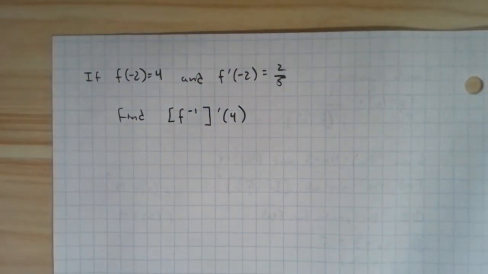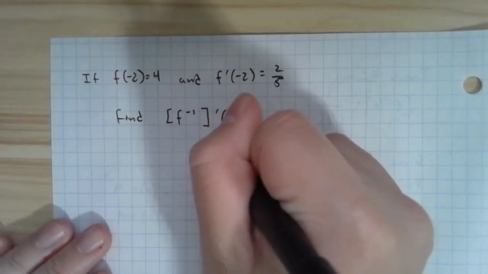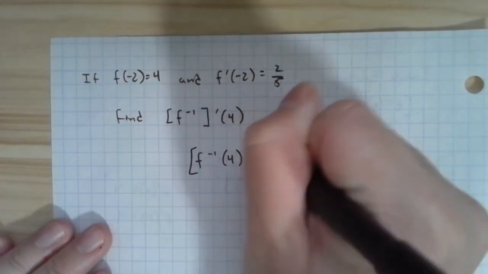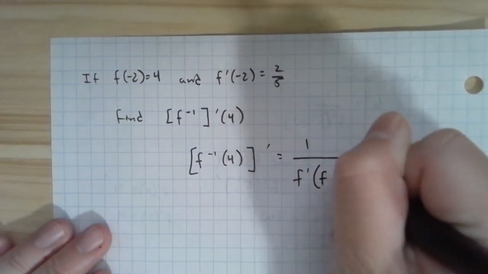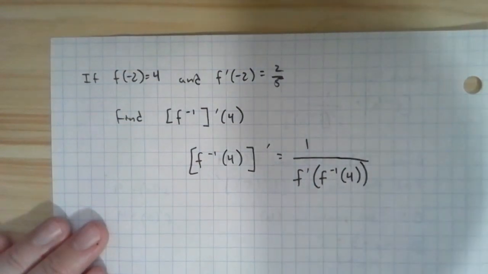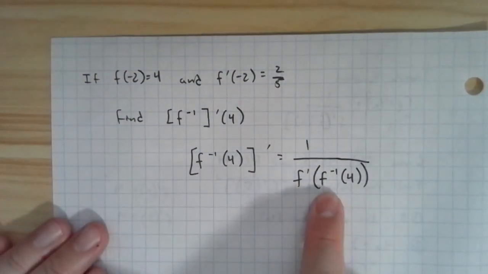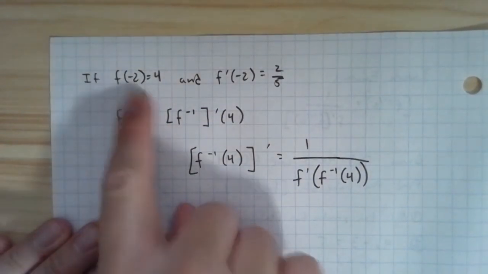If f of negative 2 is 4 and f prime of negative 2 is 2/5, find f inverse of 4 prime. One over, after a while you just don't forget this stuff. Where do you find f inverse of 4? It's right here, this is the function of f.